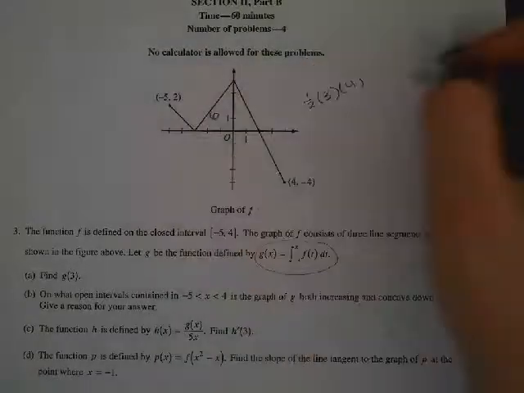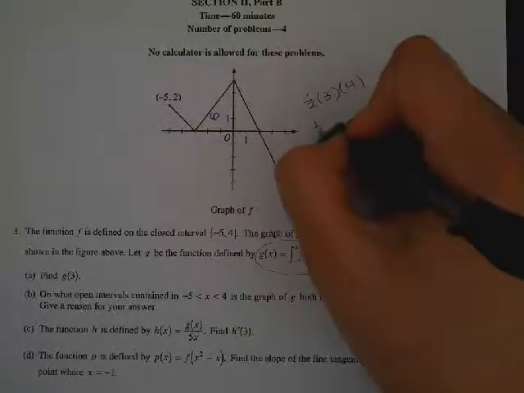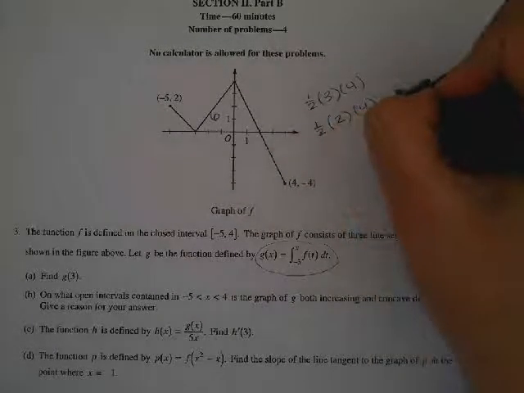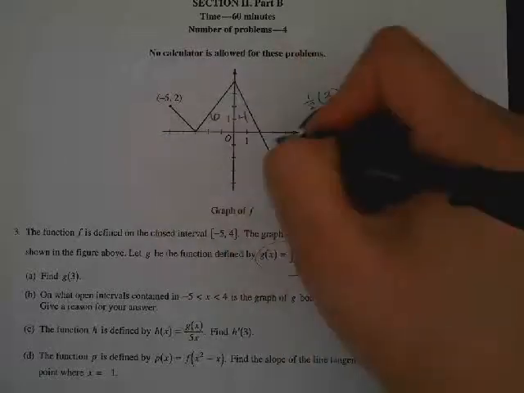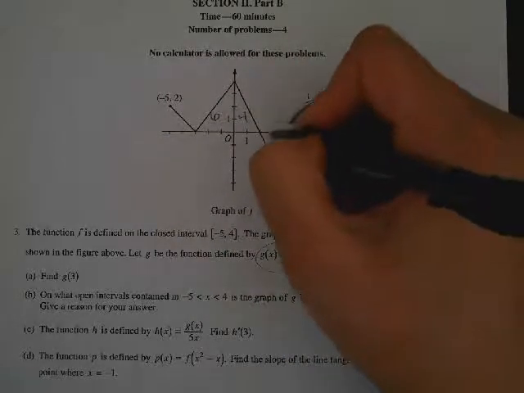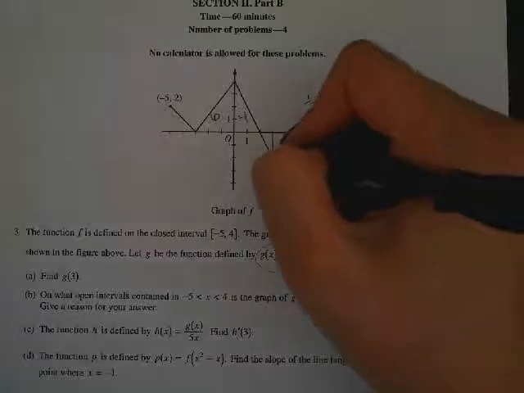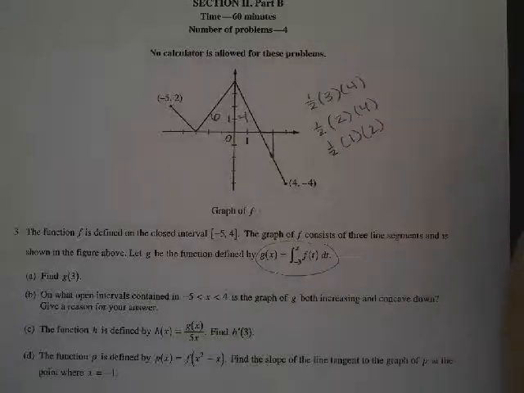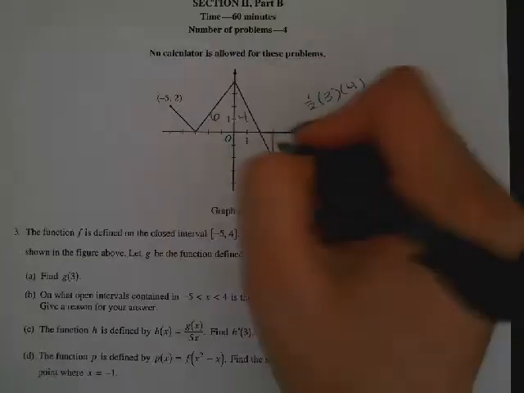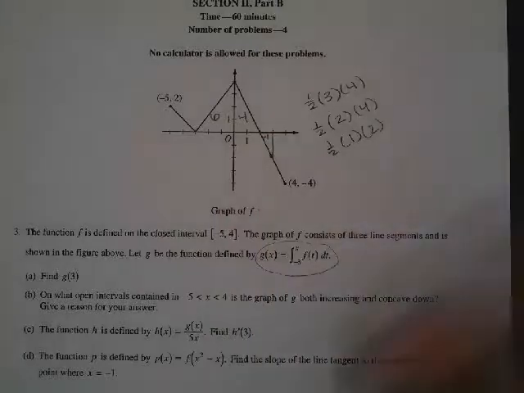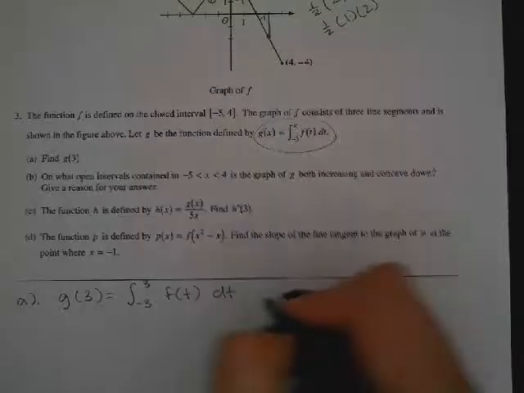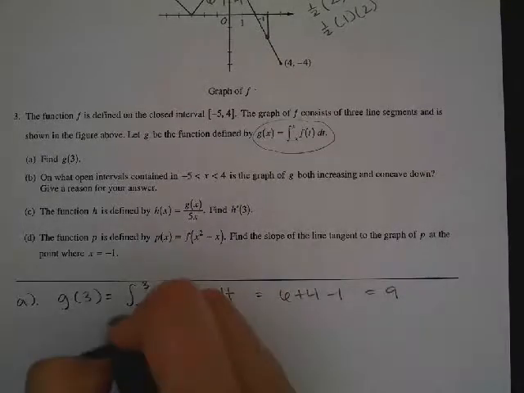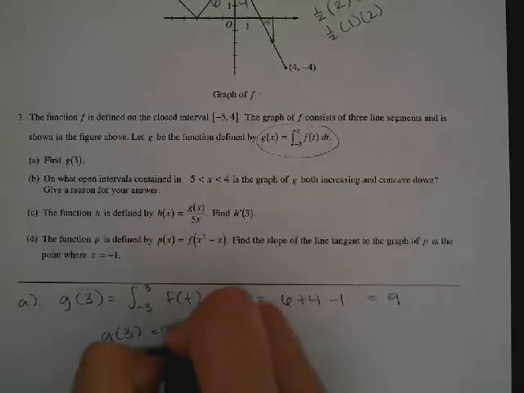For this, we're going to have 1/2 times 2 times 4, so that's 4. And then here, we're going to have 1/2 times 1 times 2, which is 1, but it's a -1. Okay, so we've got 6 plus 4 minus 1 is 9. So g of 3 is 9.